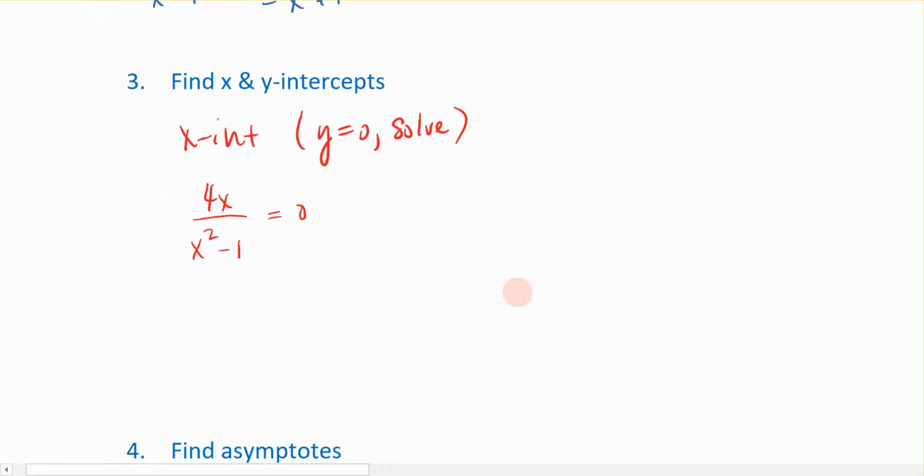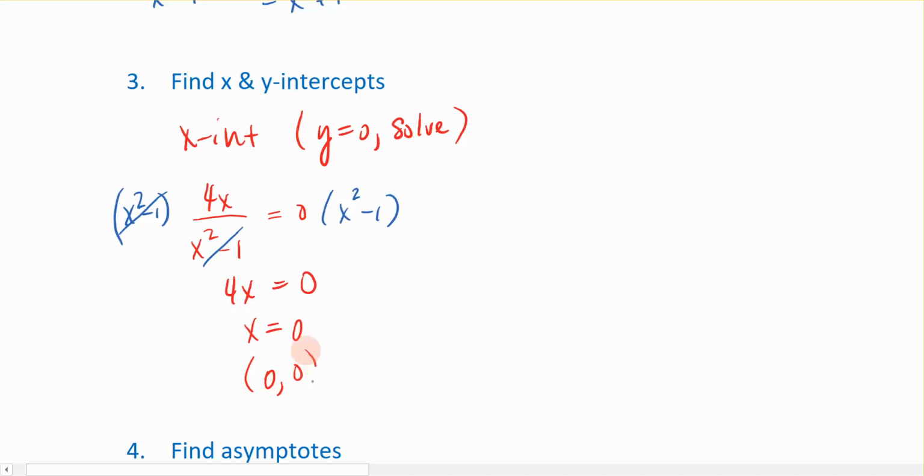I do that by, let's see, I can think of it as multiplying both sides by x squared minus 1. That's one way to think of it, because that x squared minus 1 cancels with that denominator. This leaves me with 4x on the left and just 0 on the right, because 0 times anything is 0. So, divide both sides by 4, and x is equal to 0. In other words, when x is equal to 0, y is also equal to 0. So I have an intercept occurring at the origin.